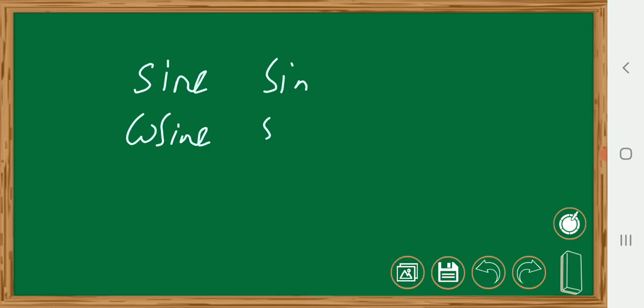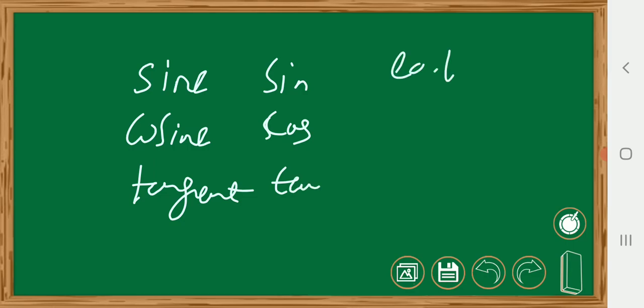So let us learn what the functions are that deal with trigonometry. One is the sine function, its short form is sin. Cosine, its short form is cos. Tangent, that is tan. Cotangent, that is cot.